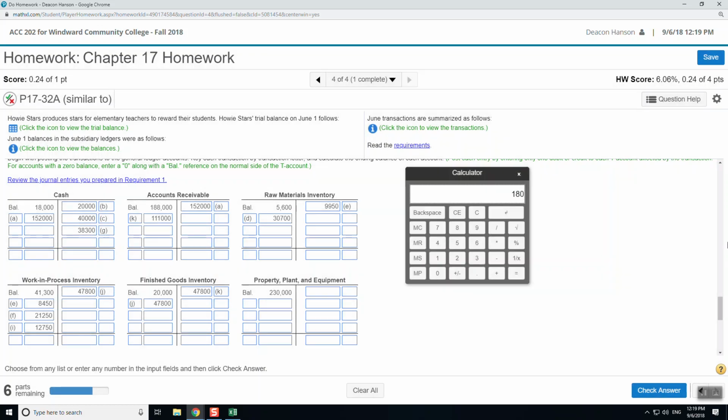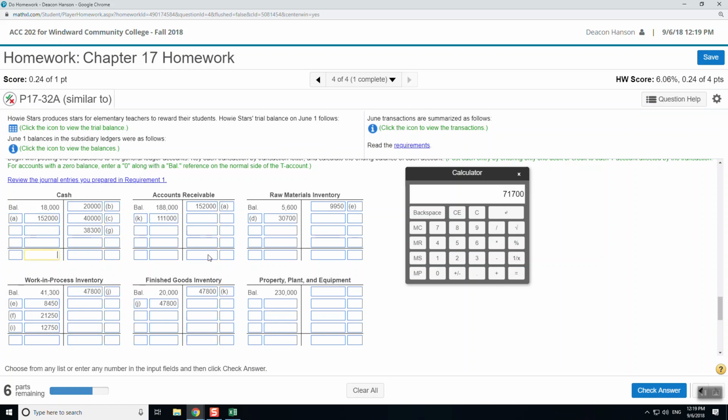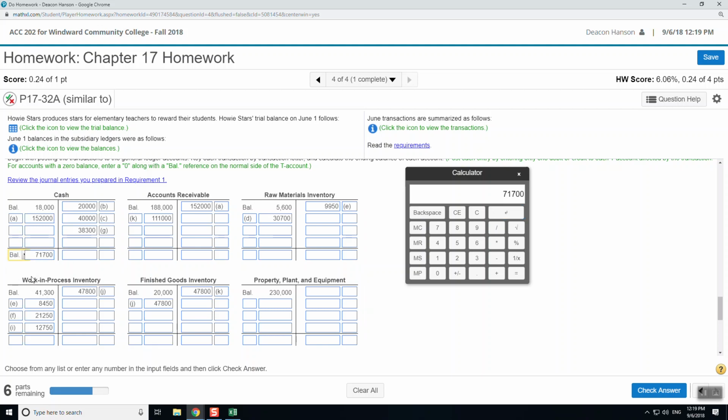Okay, so this is going to be some arithmetic here. I'll add up my debits for cash, and I'm just going to go ahead and subtract the credits. Looks like I'll be more on the debit side. Believe it or not, this is where most of the mistakes are made, because we kind of put our brain on autopilot when we get to the point where we're adding and subtracting.